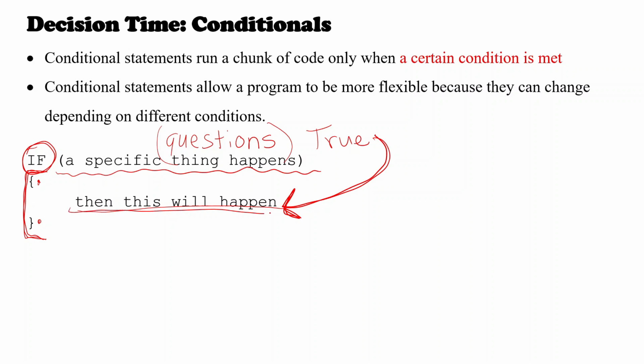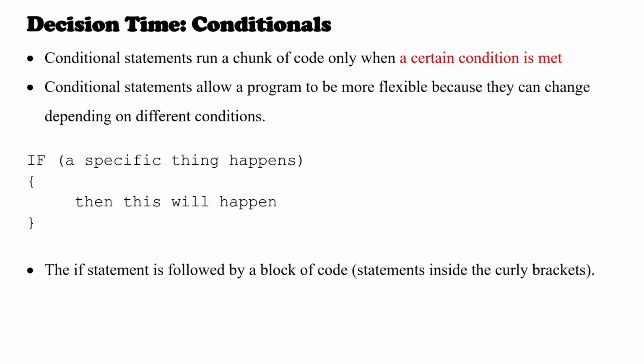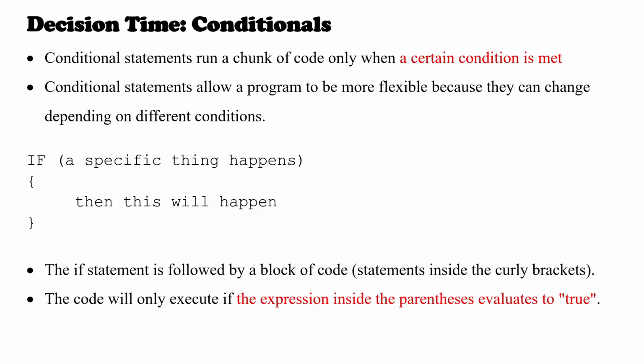What happens inside this block might be one line of code or a couple lines of code. But if this question is true, this will happen. So the if statement is followed by that block of code, which is the statements inside the curly brackets, and that code will only execute if the expression inside the parentheses evaluates to true.